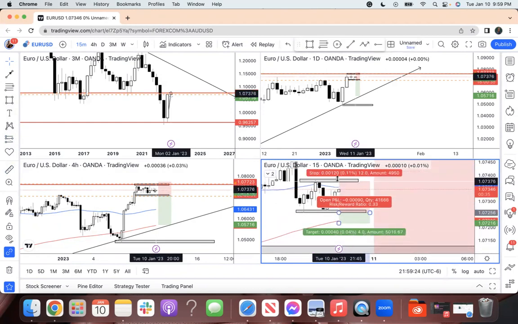I would put my stop loss above these highs, which gives me a better stop loss of about 30 pips, which is typically what I like to see as far as a stop loss, about 25 to 30 pips.